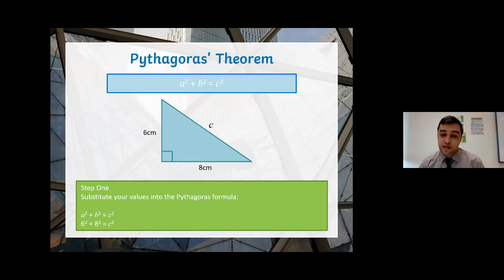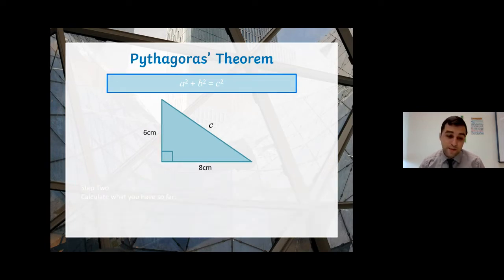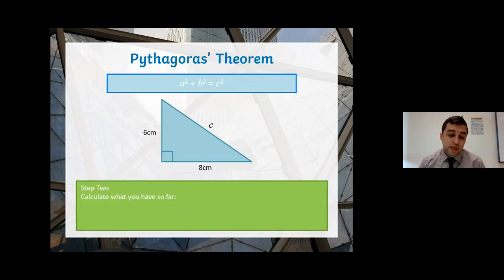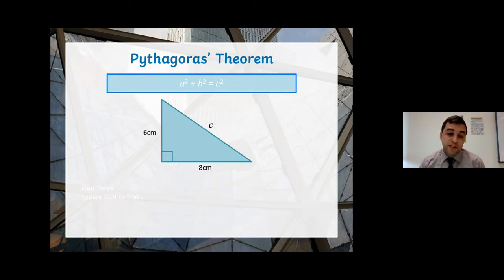Instead of b, we should write 8. And later we should calculate c squared. We know how to find the squares: we just multiply each number by itself, which makes 36 plus 64 equals c squared. And we found the square of the hypotenuse, which is 100.